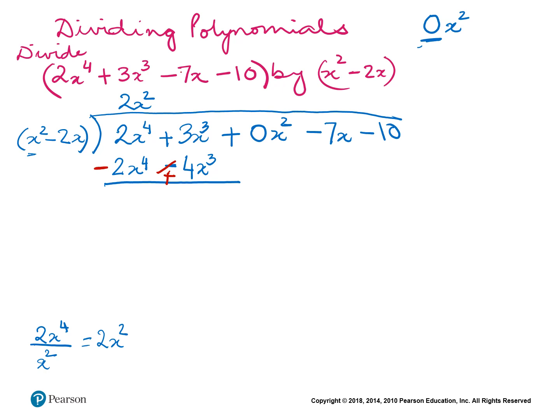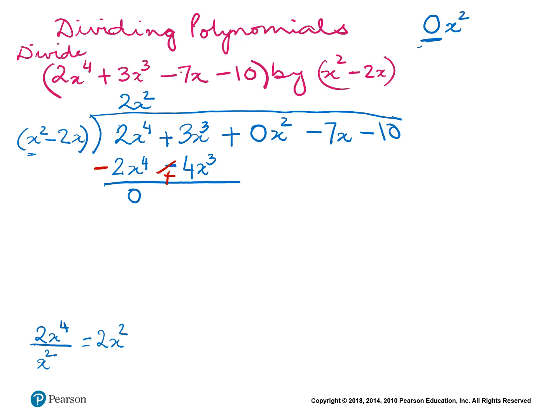It'll be easier for you to remember that you didn't forget to change the sign. So 2x to the fourth minus 2x to the fourth is a 0. And that's our goal. Always the first term should be made a 0.